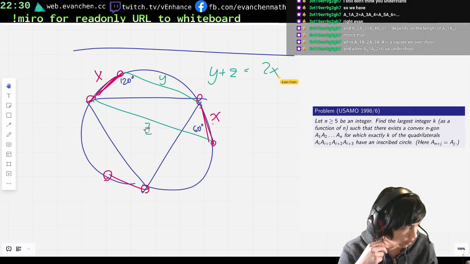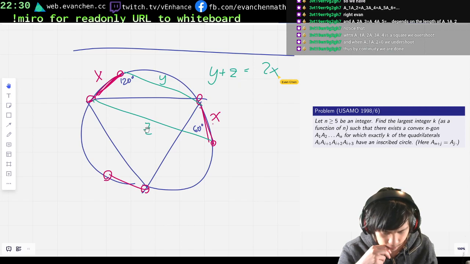When A1, A2, A3, A4 is a square, we overshoot.